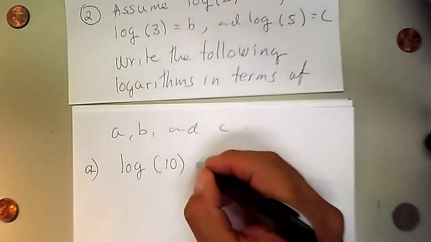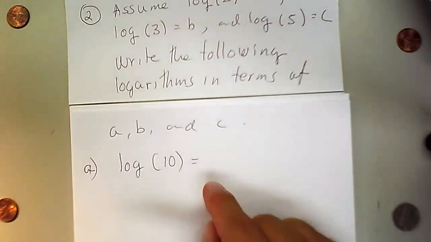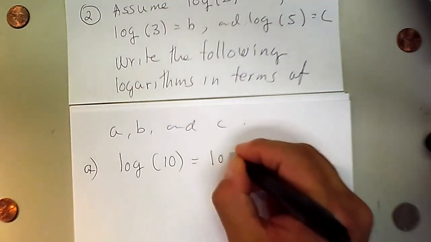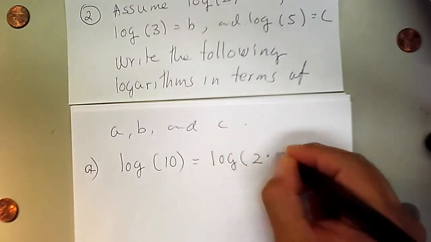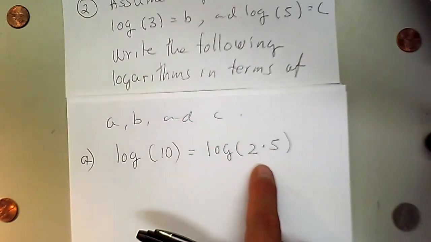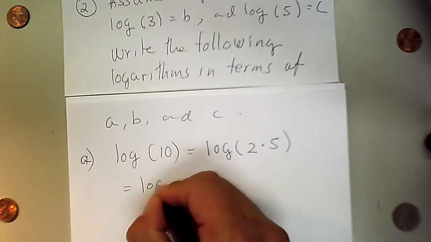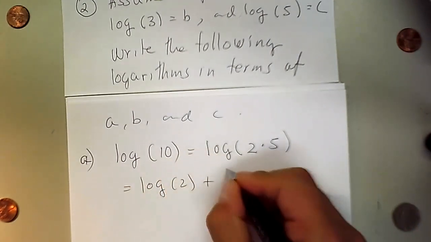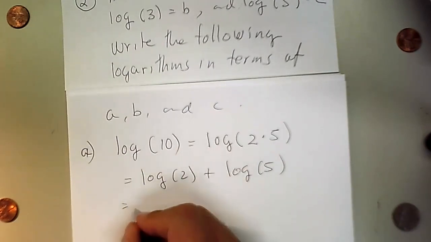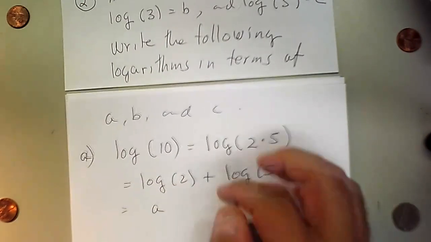Okay, can we do that? Sure, using a property of logarithms. This is the same thing as the logarithm of 2 times 5. And then the first property of logarithms says that this is the logarithm of 2 plus the logarithm of 5. Logarithm of 2 is A, according to our problem.